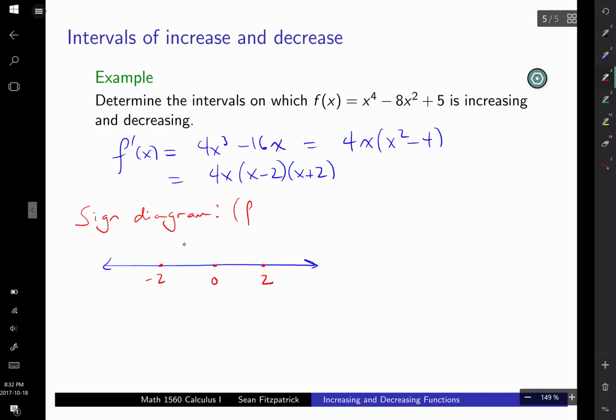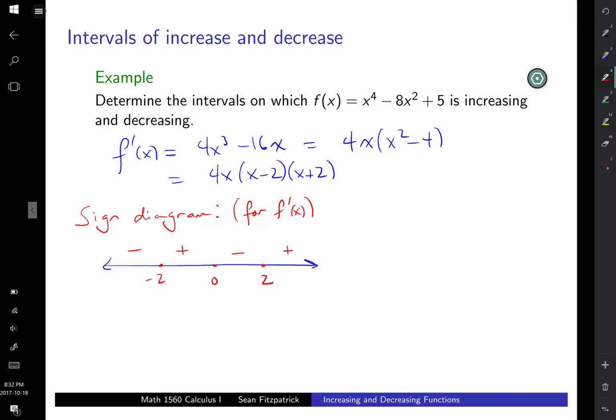And keep in mind this is for the derivative, right? Not for the original function, but for f prime. And then we work out the sign in each of these intervals. You guys might have the hang of this by now. Let me just fill out those signs. You can verify that those are the right signs. So it goes plus, minus, plus, minus, from right to left.